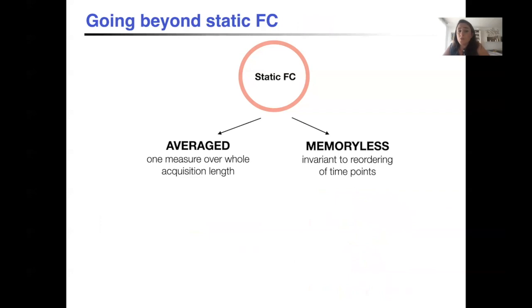So when we want to investigate the dynamics of functional connectivity, we are actually going beyond these two limits of static FC.